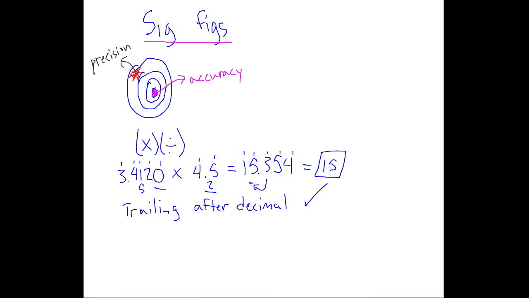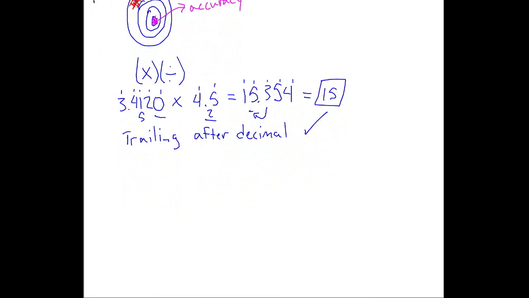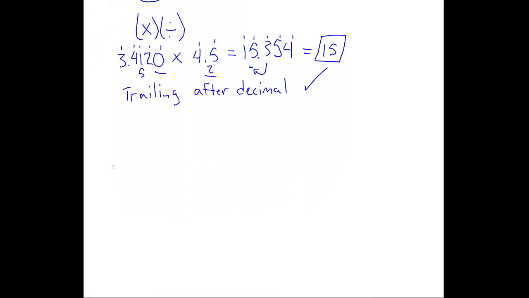Now, what about adding and subtracting? Let's say we've got 0.0001, and we are going to take away from that 4.5493.